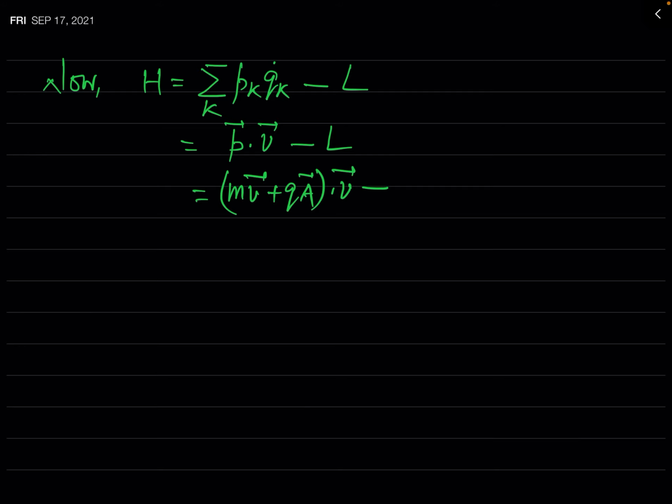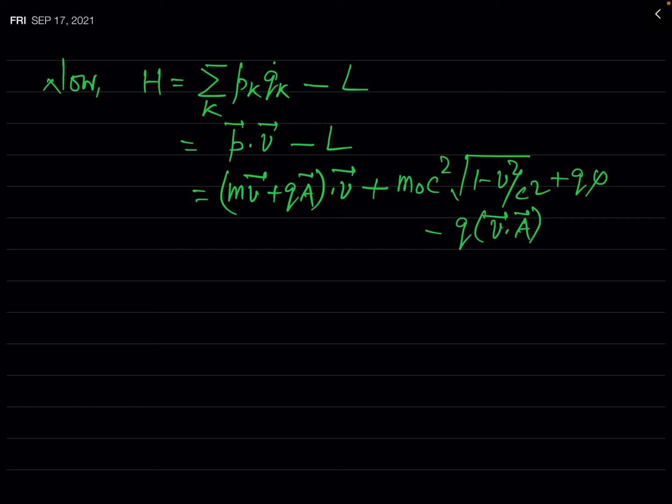So this will be equal to what? This is plus m naught c square root over 1 minus v square by c square, plus q phi, since there was minus q phi, and minus q times v dot a.